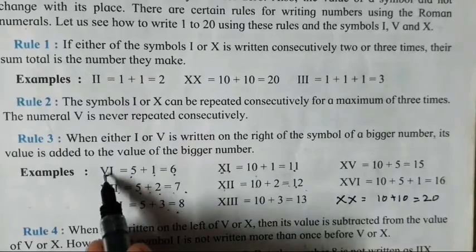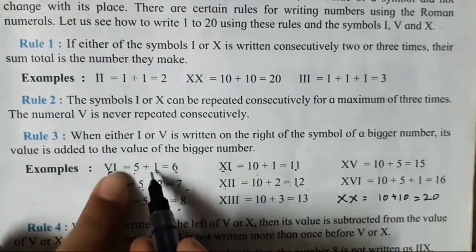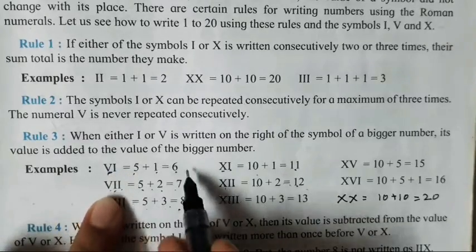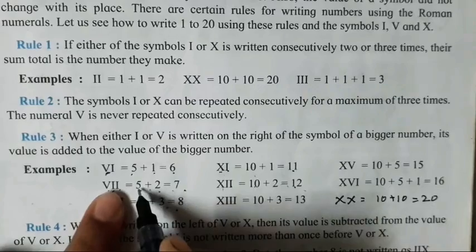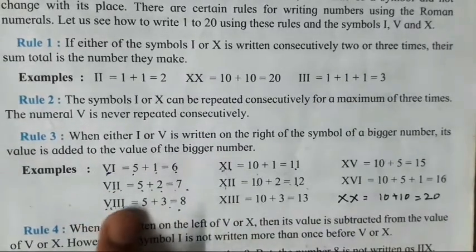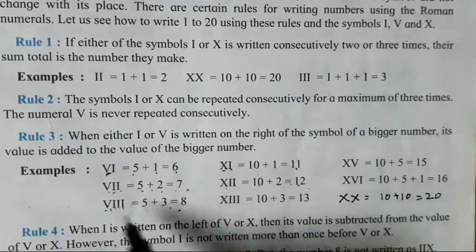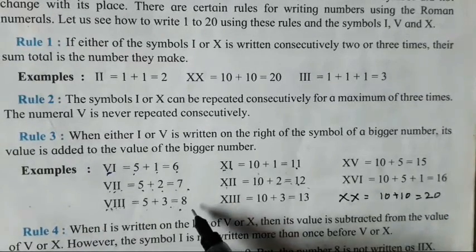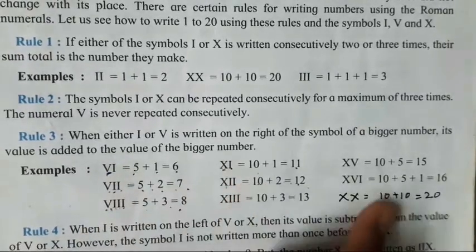See over here, V plus I is equal to, V means 5, I means 1, so 5 plus 1 is going to be 6. V and double I, so 5 plus 2 is going to be 7. When we add I to the right hand side of V, it is going to add its value. Got it? So these are a few examples from the textbook.